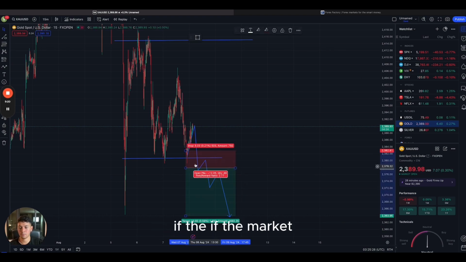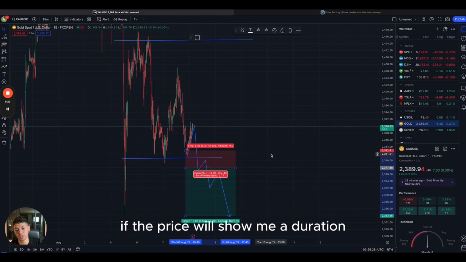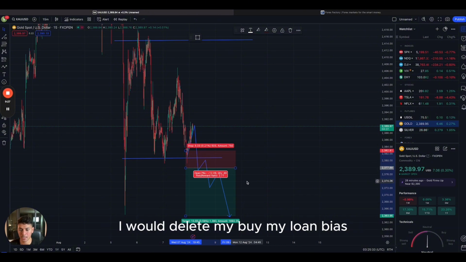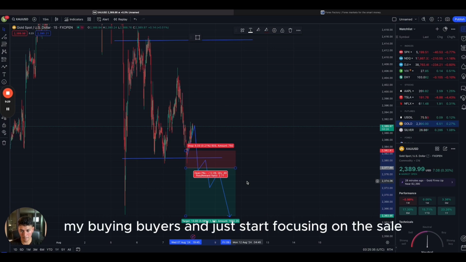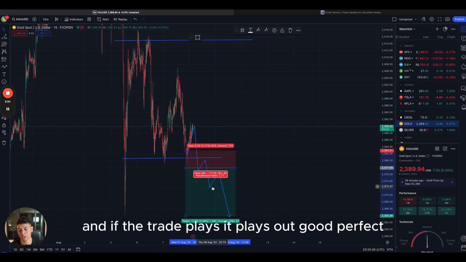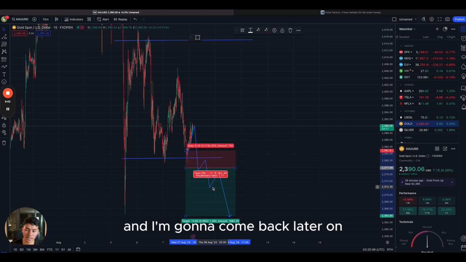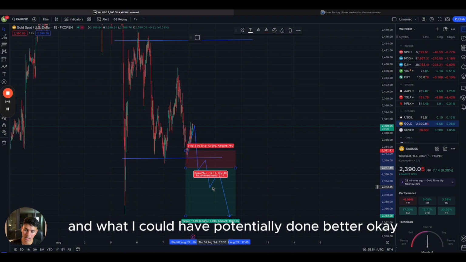If the price would show me a direction that it actually wants to go bearish, I would delete my long bias, my buying bias, and just start focusing on the sell. And if the trade plays out good, perfect, that's it. But if it doesn't, that's okay. I'm not going to trade for the rest of the day. I'm just going to move on with my day, and come back later and backtest what I did wrong and what I could have potentially done better.